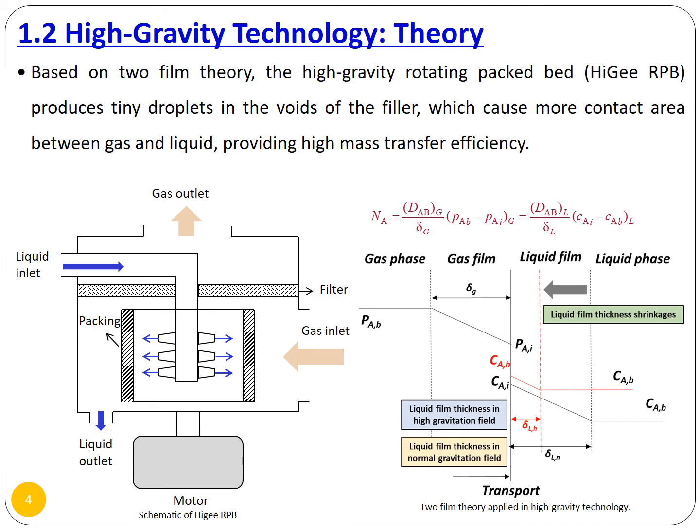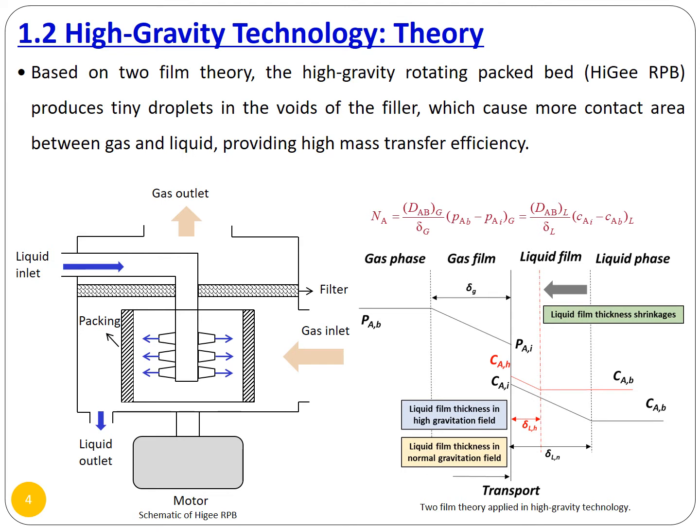We can see the left-hand side figure. The liquid goes into the reactor from the nozzle to the packing material. When the packed bed is rotating, the liquid is split into tiny droplets.